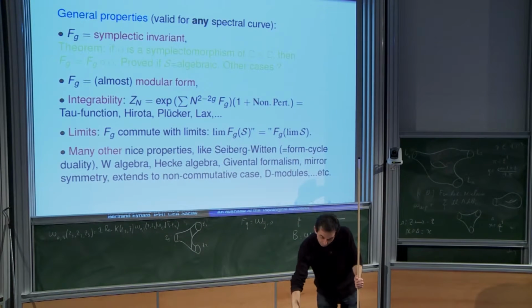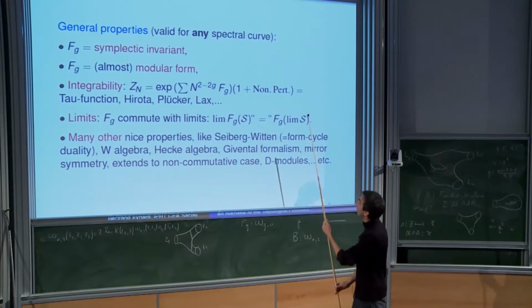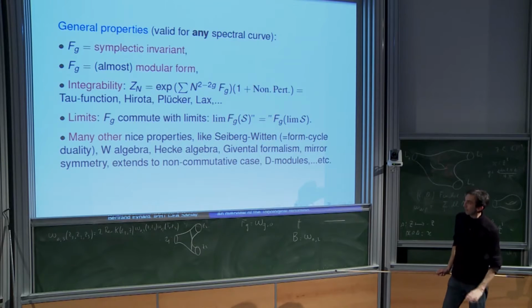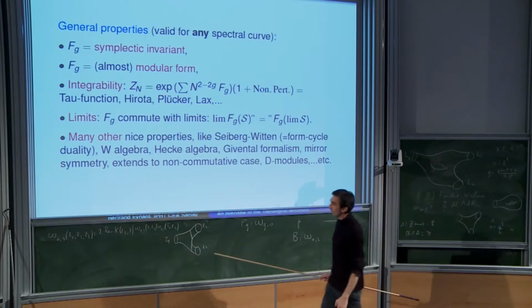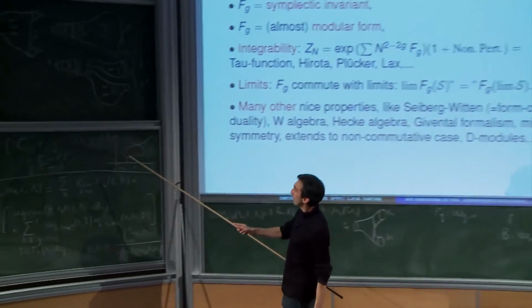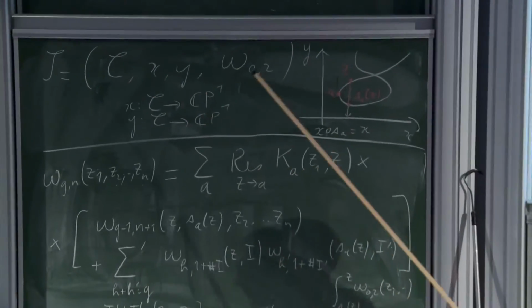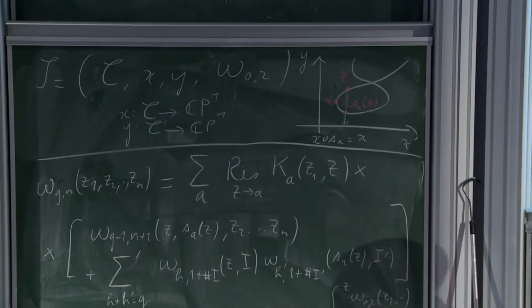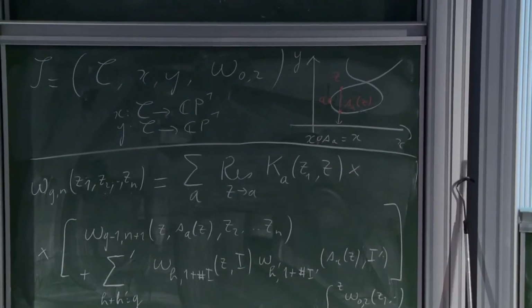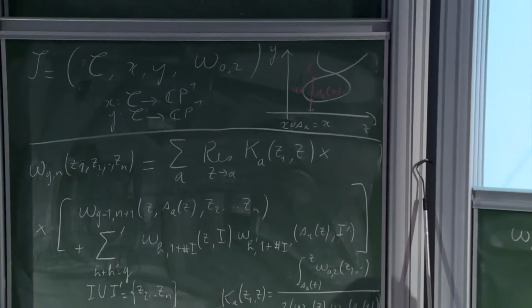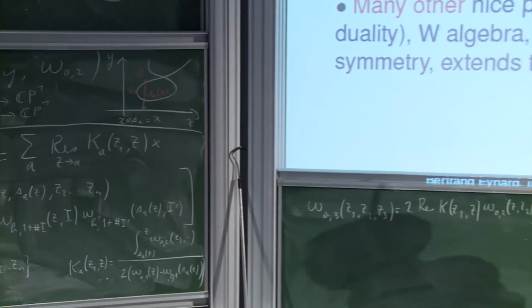Another property is that the FGs you produce this way are always some modular forms, but by modular forms, I mean modular with respect to, when this curve has some genus, it's modular with respect to the Sp(2g) of the genus. So it means the curve depends on parameters. But this modularity is exactly the BCOV modularity here.